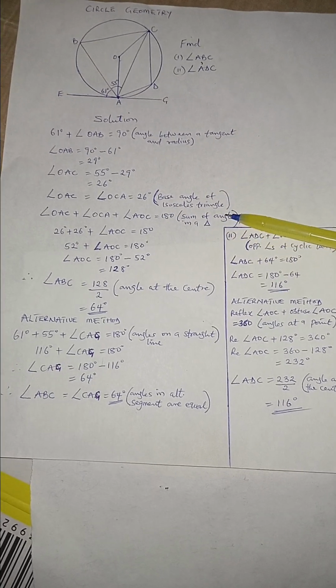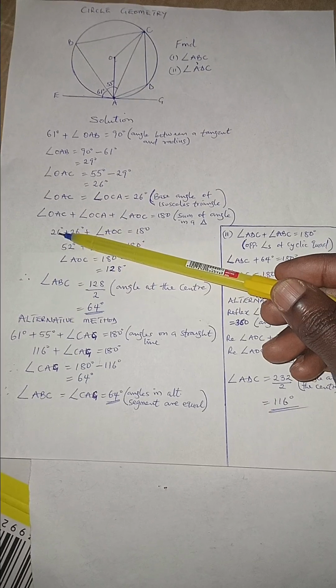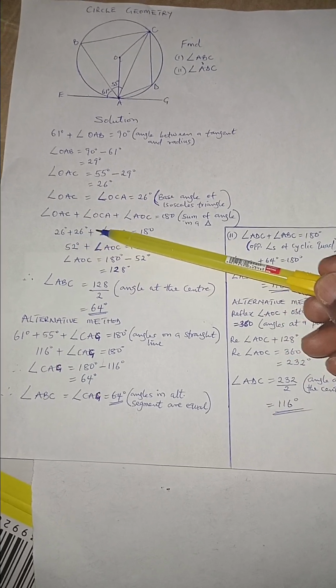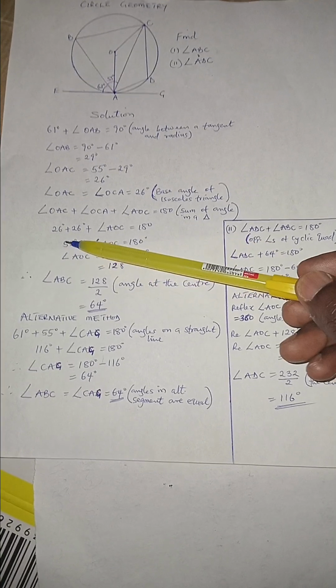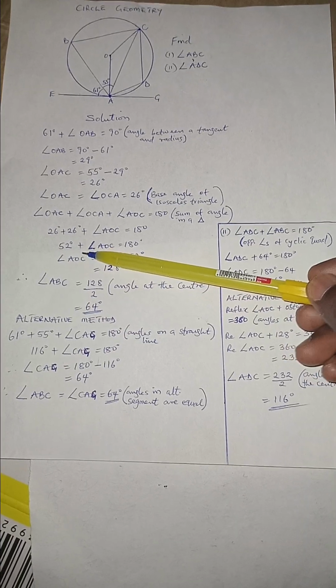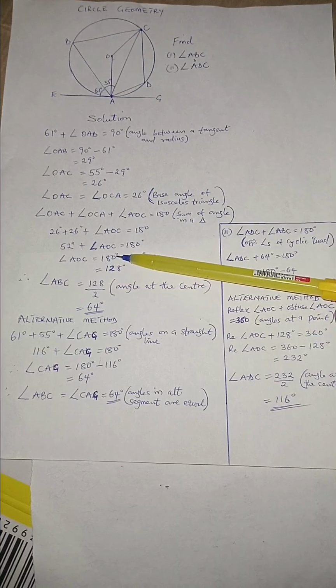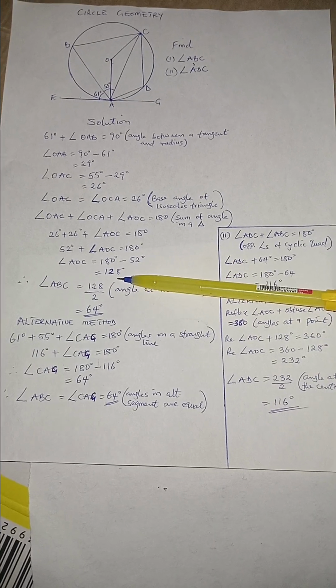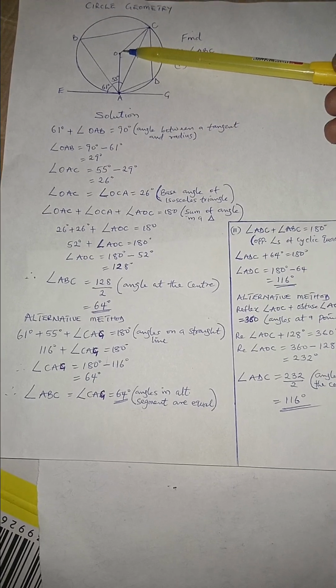That's 26 plus 26 plus AOC equals 180. 26 plus 26 gives us 52, so 52 plus AOC equals 180. Therefore AOC is 180 minus 52, which gives us 128. So the angle at the center here is 128.